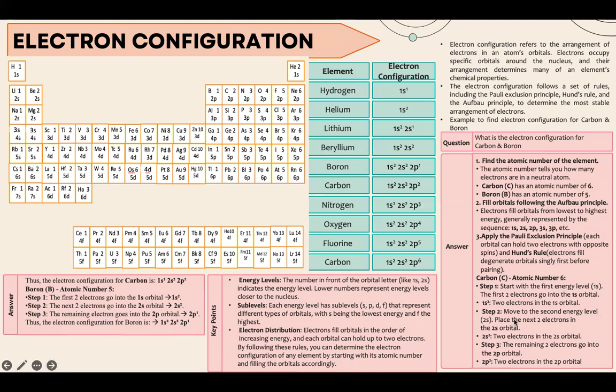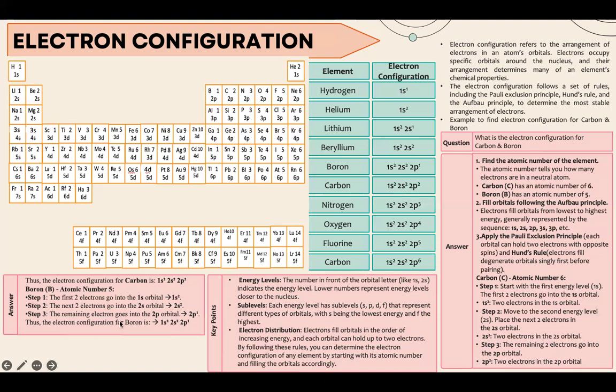Step 2, move to the second energy level, which is 2s. Place the next 2 electrons in the second s orbital, so 2s2. And step 3, the remaining 2 electrons go into the 2p orbital, so 2p2.